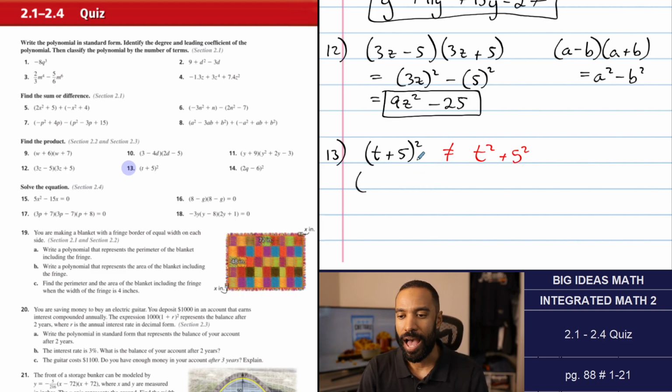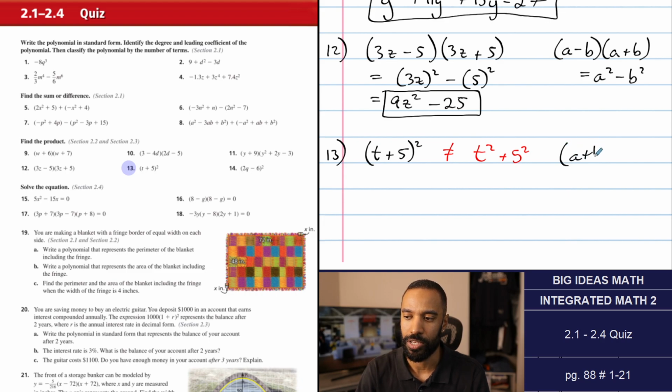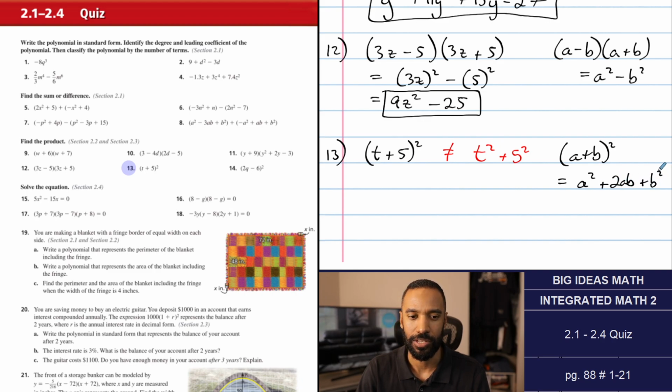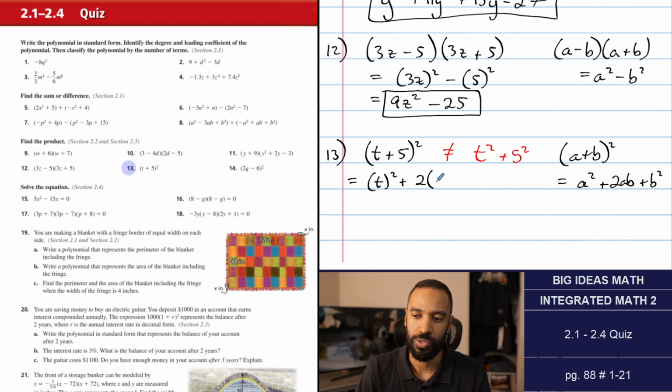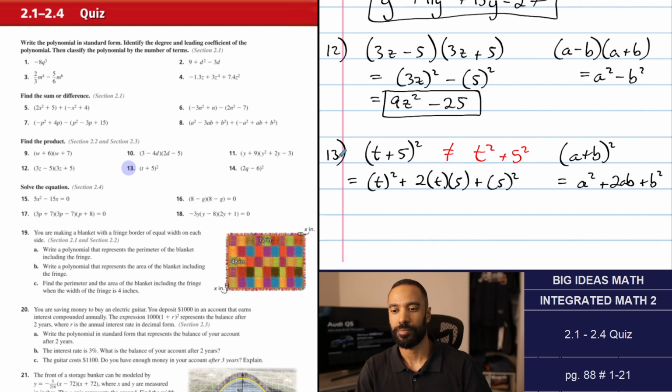But when you have a perfect squared binomial here, like a plus b quantity squared, that would actually expand into squaring the a, doubling the product of a and b, and then squaring the b. So a squared plus 2ab plus b squared, which would turn into t squared plus 2 times t times 5 plus 5 squared, like that.